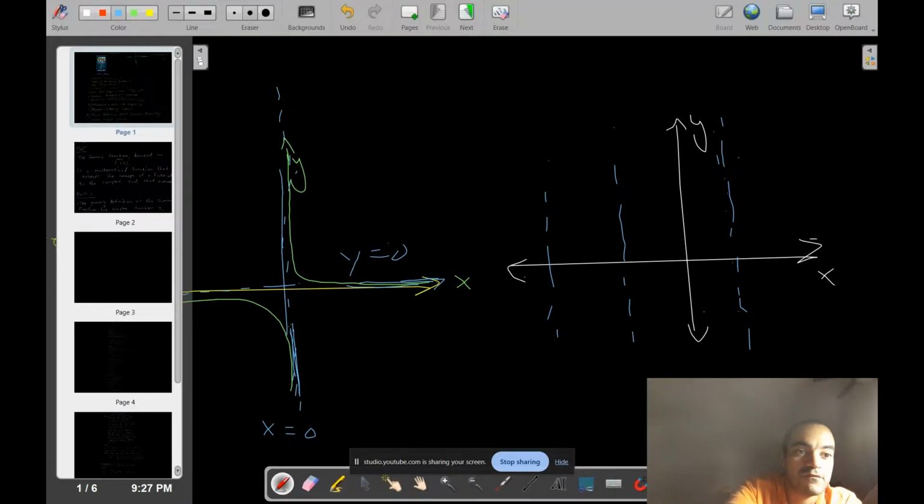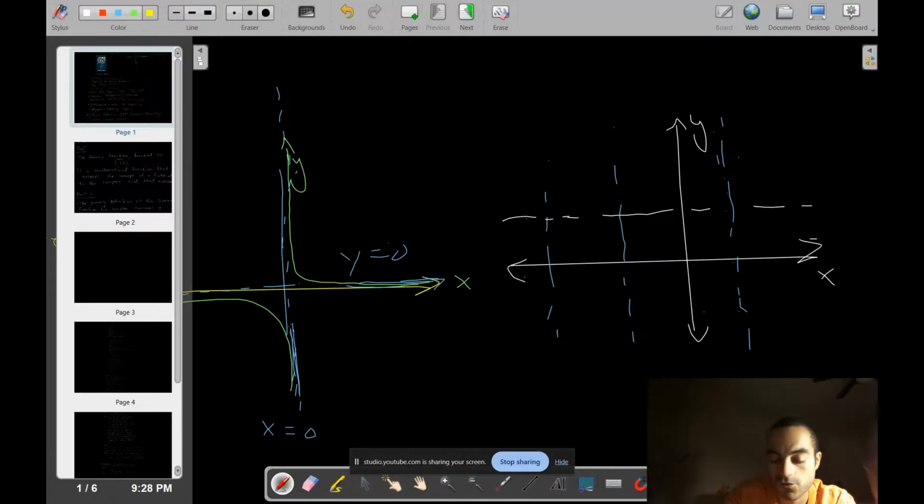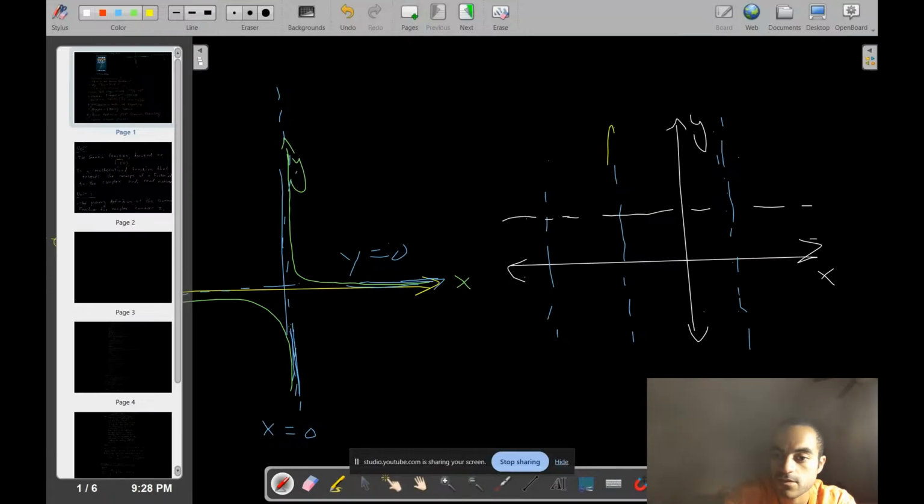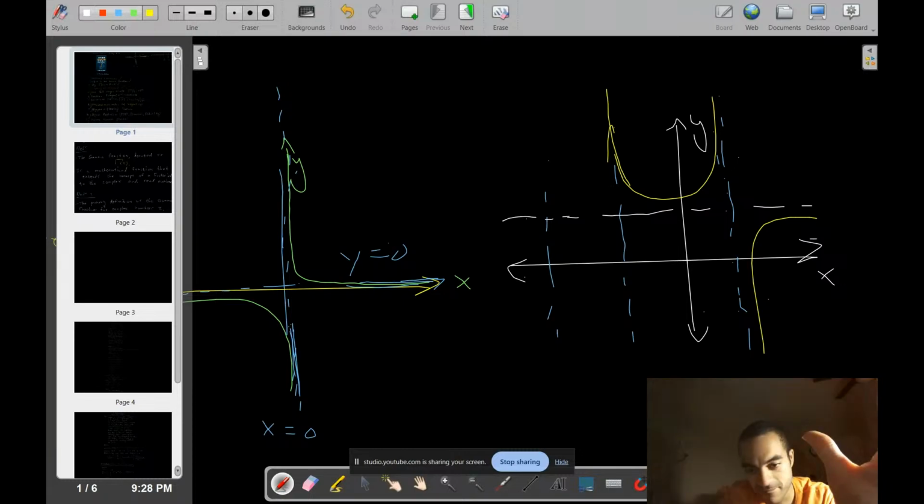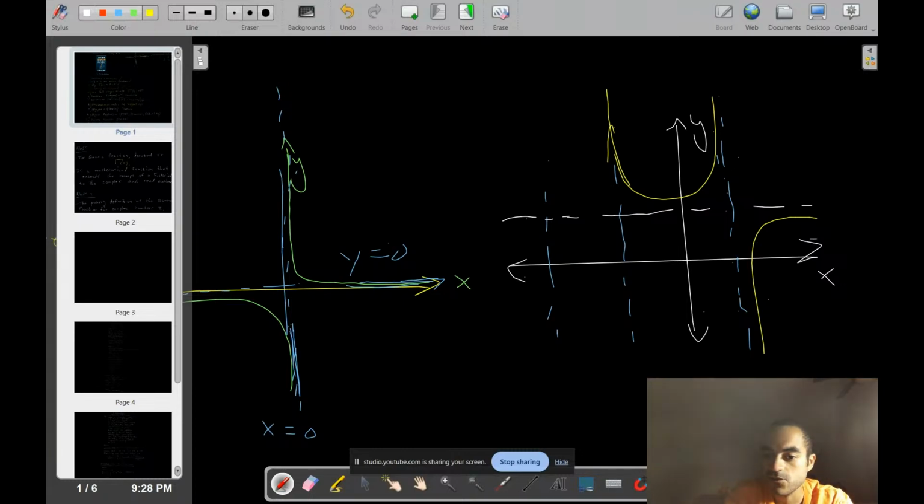But you can also have horizontal asymptotes as well. So you can have a graph like this for cosecant, secant, or cotangent, depending on what it is. One of them looks like this. Another one's like this. I forget how it is. It's not accurately drawn. This here already constitutes a horizontal asymptote.